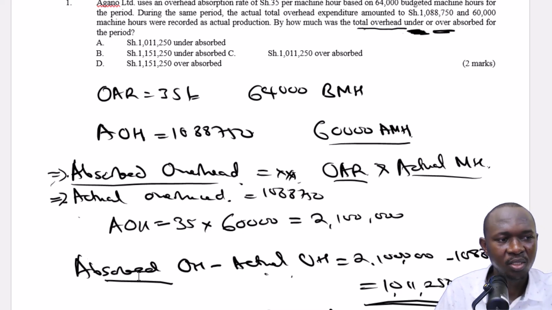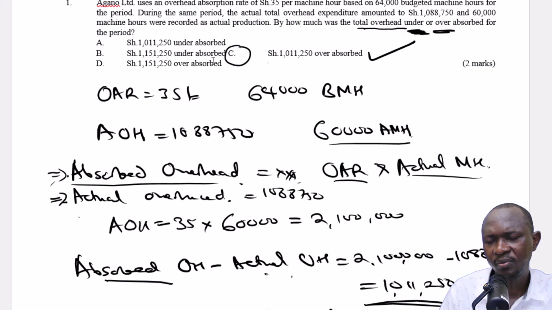So let's go back to the question and check if we have this answer here. We have it as C. So C will be our answer, 1,011,250 over absorption.